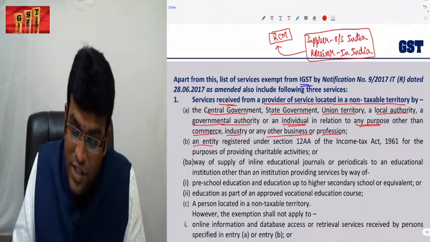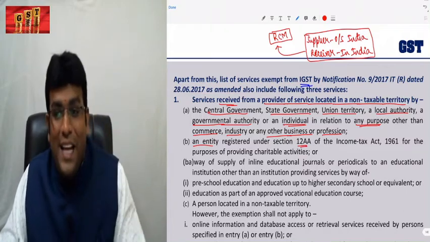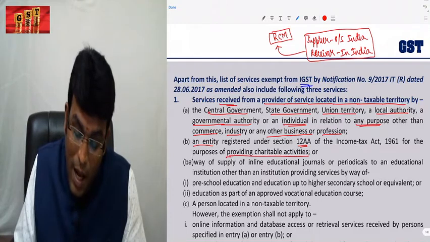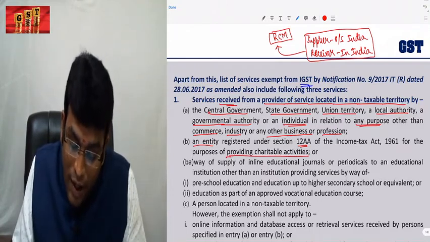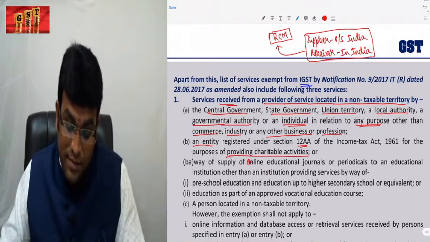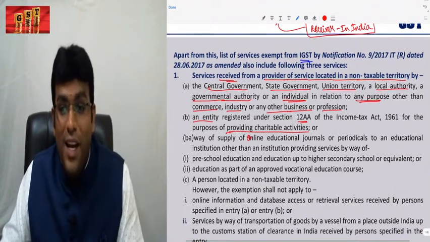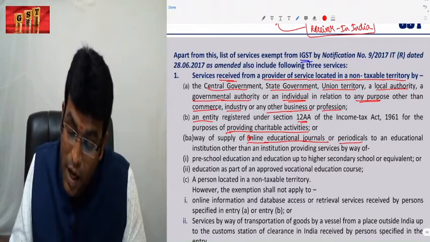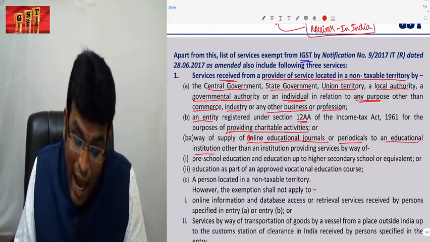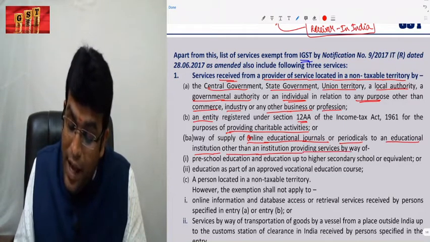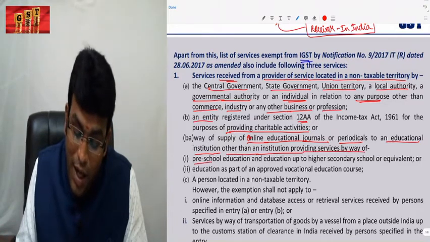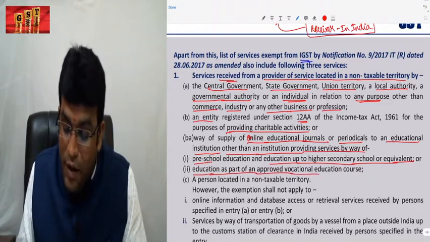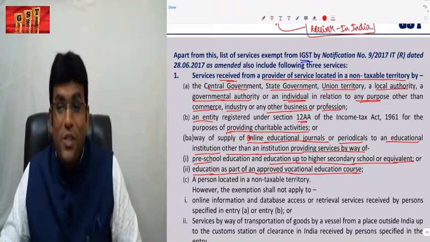Or an entity registered under 12AA of the Income Tax Act for the purpose of providing charitable activities, or by way of supply of online educational journals or periodicals to an educational institution other than an institution providing service by way of preschool education, education up to higher secondary school or equivalent, or education as a part of approved vocational education course.